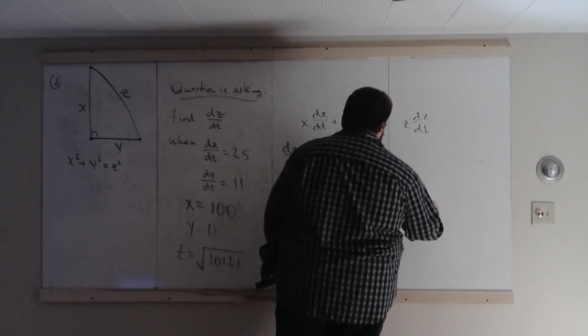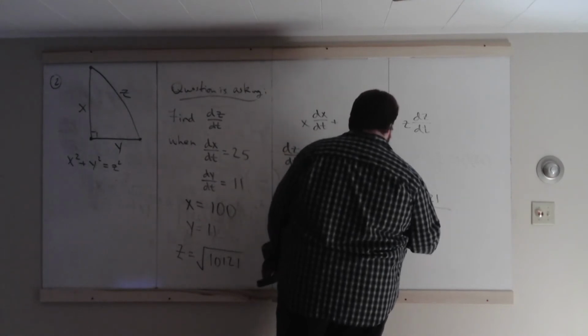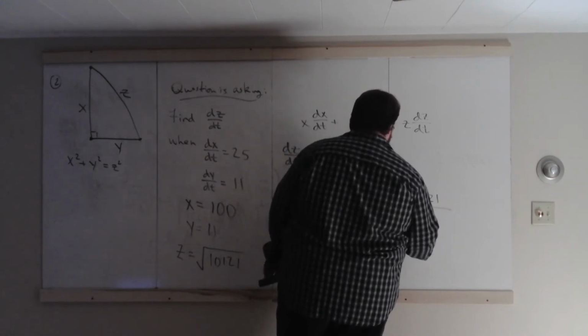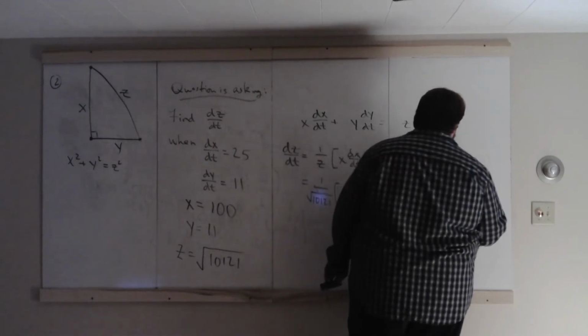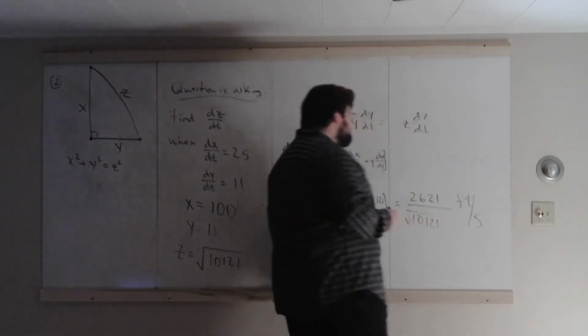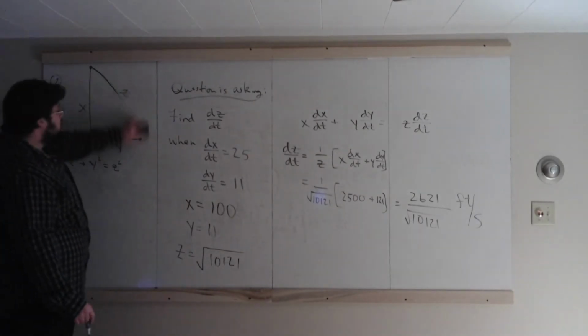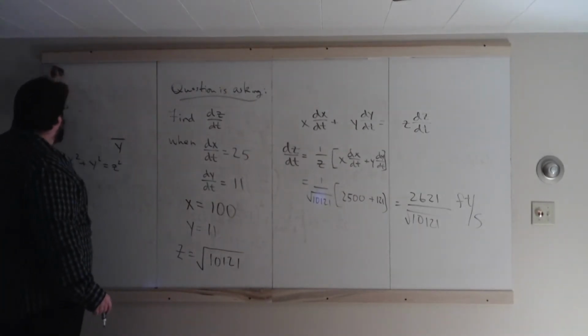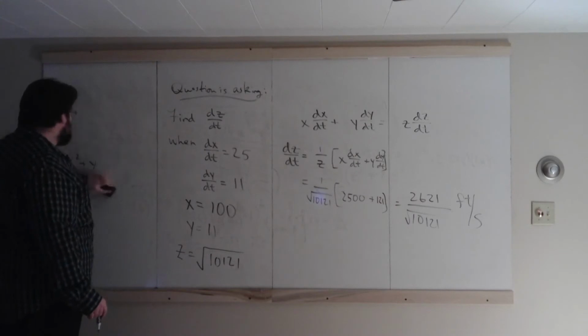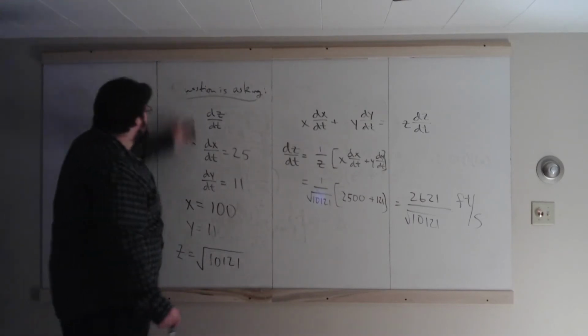So we get 2621 over root 10,121, and we have feet per second, I believe the units were. So set it up, label the variable quantities, translate the question, differentiate, substitute, and solve.